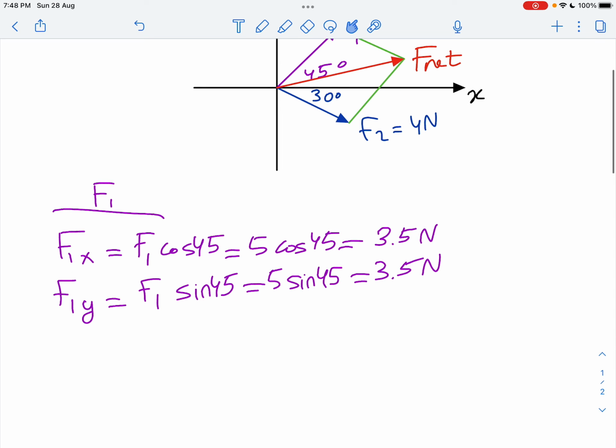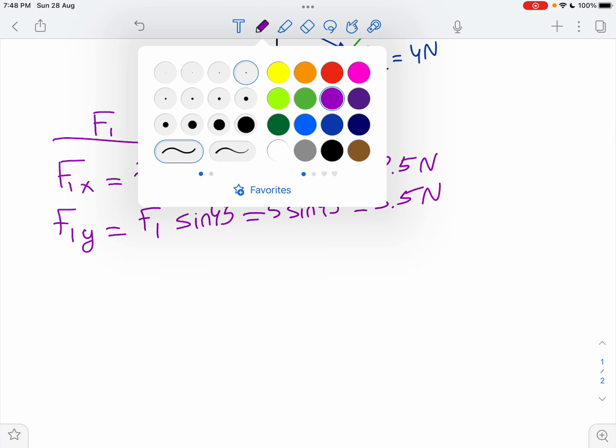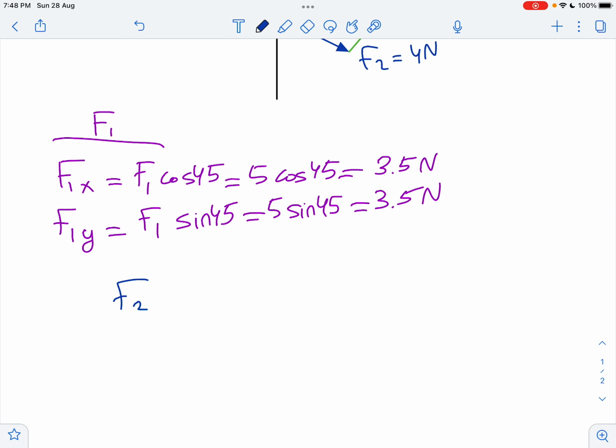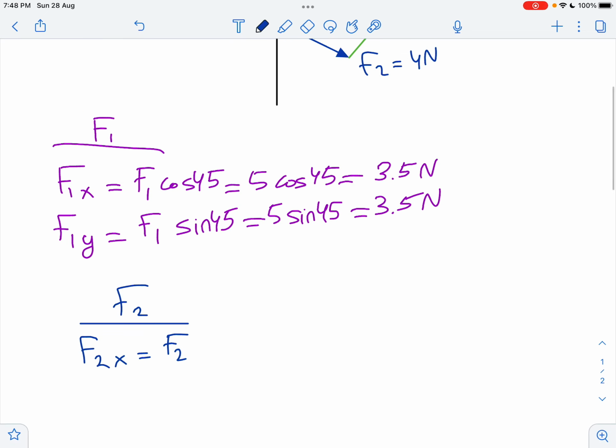Now let's go to F2. F2x will be F2 cosine the angle, and the angle here is 30 degrees, the angle with the x-axis. So it will be 4 multiplied by cosine of 30. You will get 2 radical 3 or 3.46.